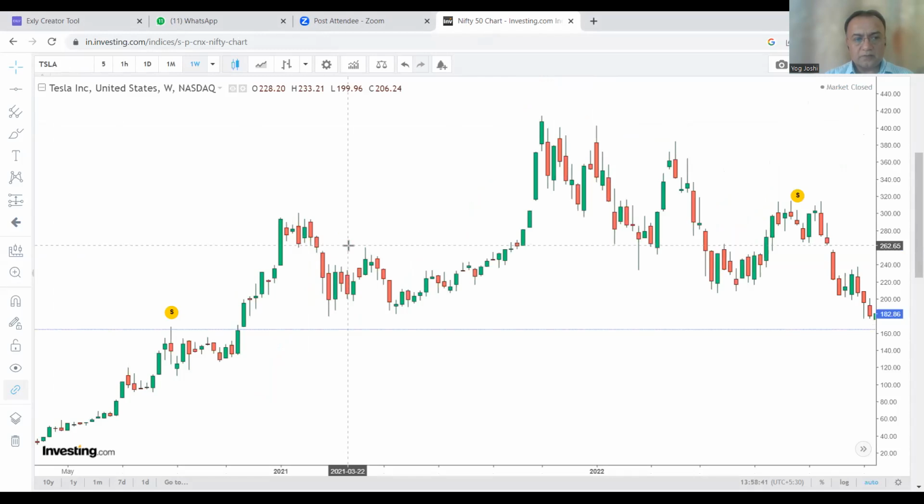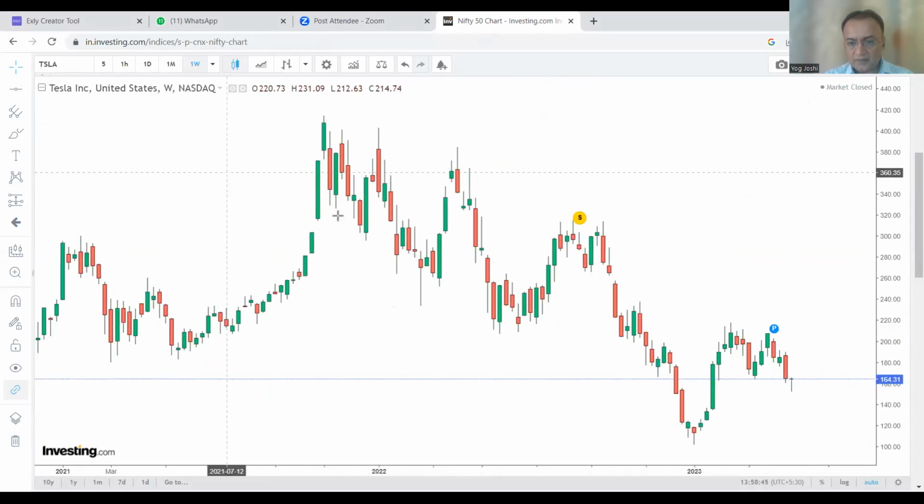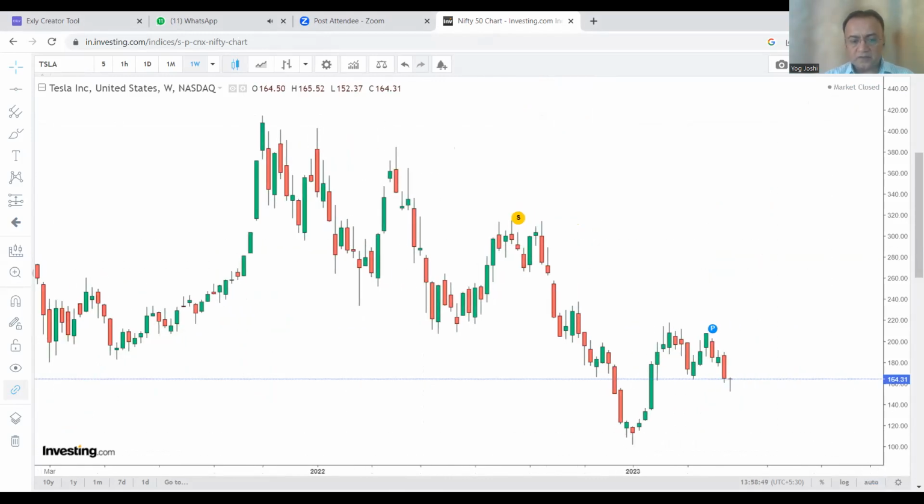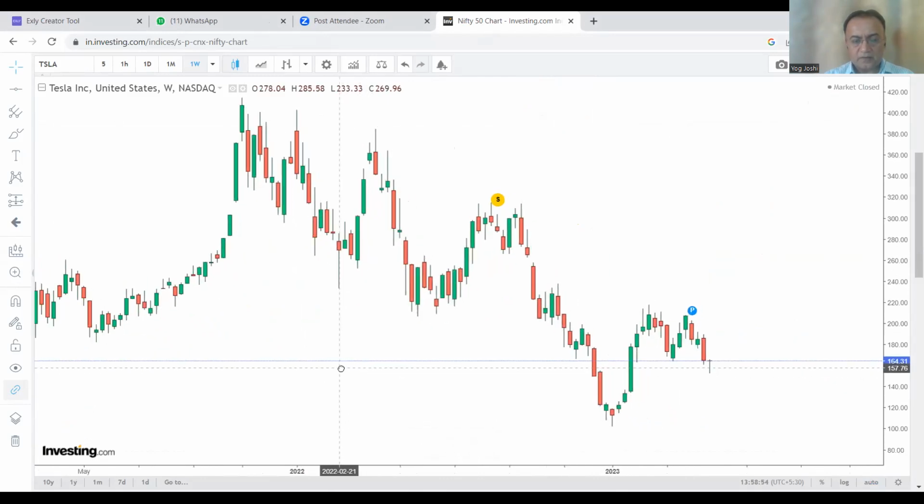So this is the chart of Tesla Inc. This is a clear weekly chart. Just a minute. Now, whatever we learned, try to understand that this is a clear cut upward direction.